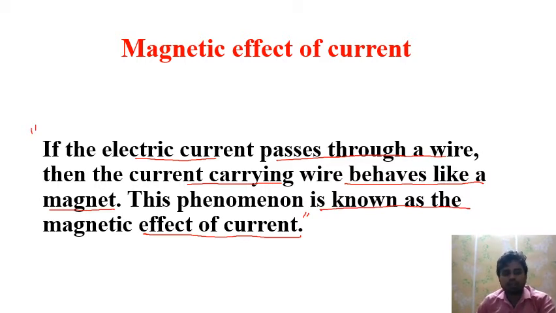Yes, who will tell me? If the electric current passes through a wire, then the current carrying wire behaves like a magnet. This phenomenon is known as the magnetic effect of current.